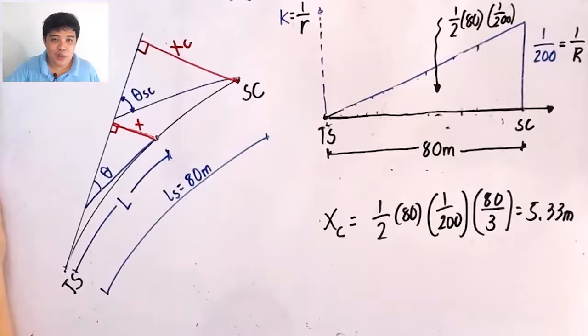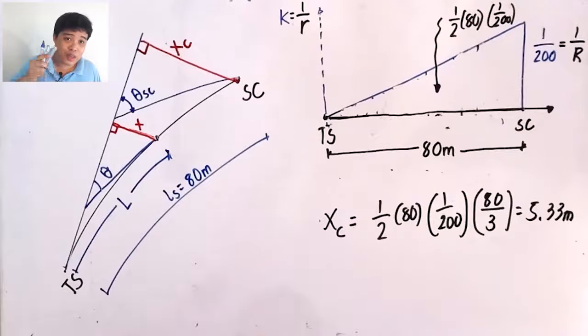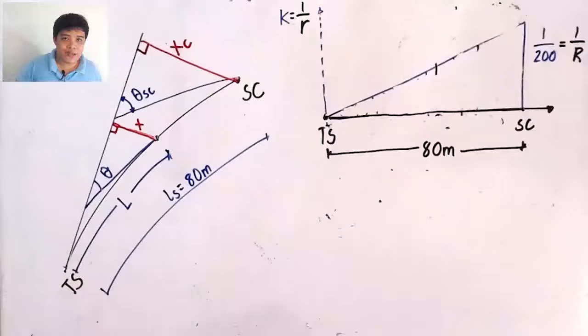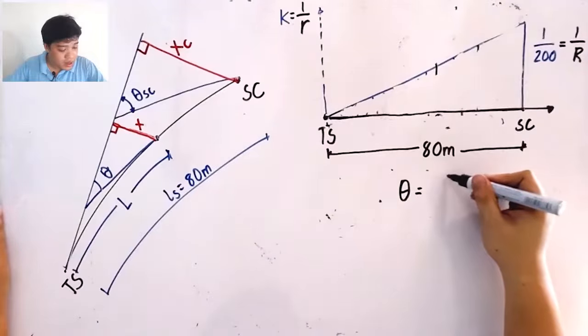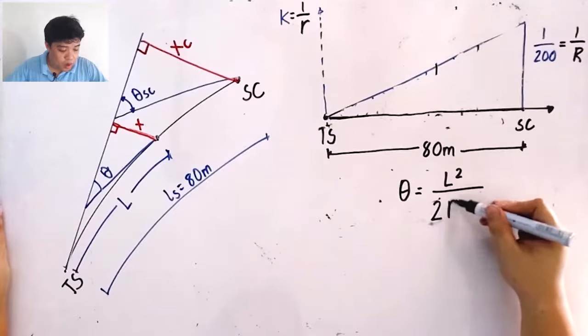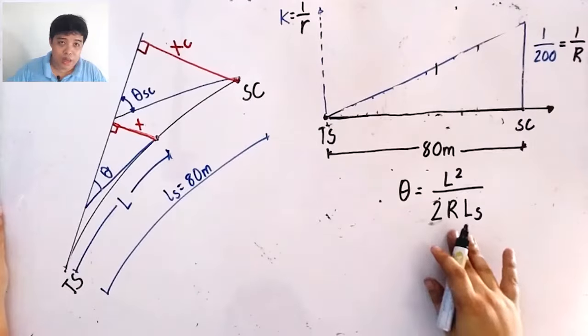And I want you to follow this next technique, because you can use this technique not only for X but for all other questions, and we will dig deep into that. So this is a relatively easy thing to do. Remember, theta is L squared over 2R L sub S. This formula is easy to derive.